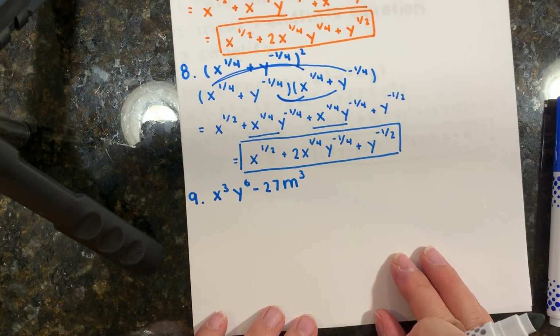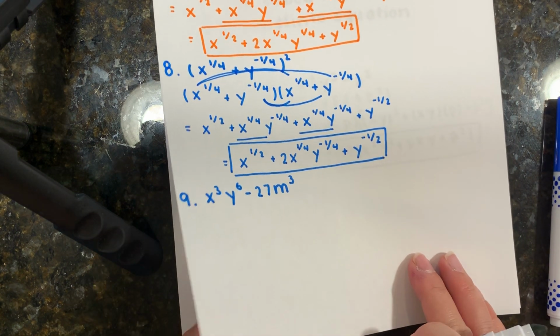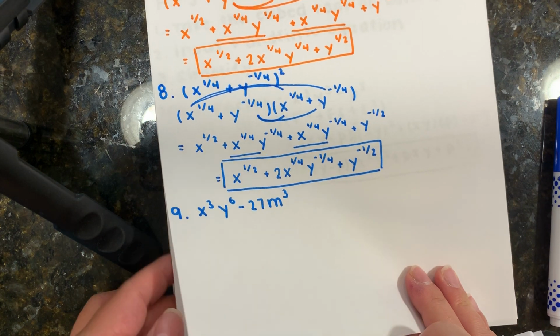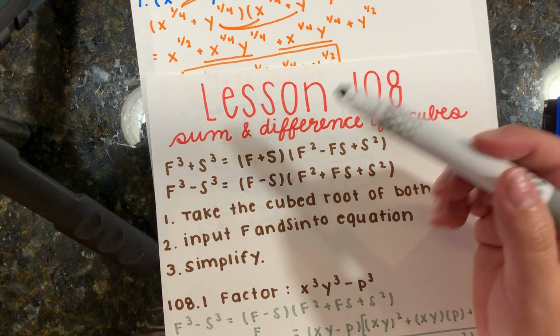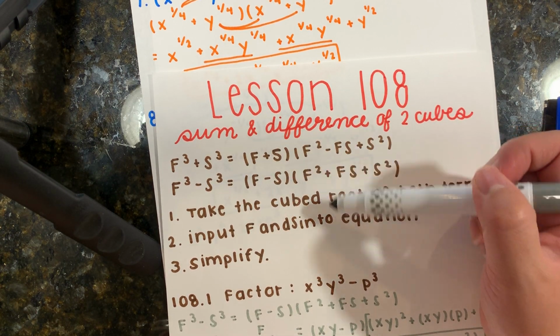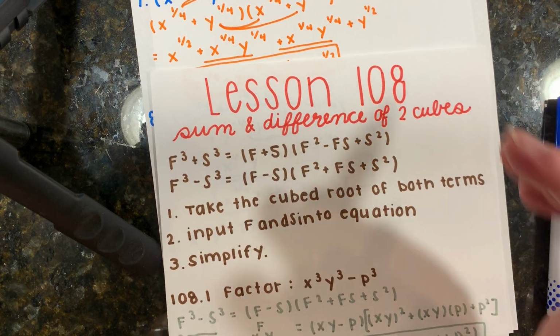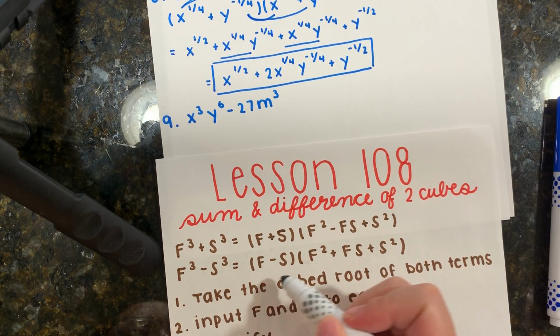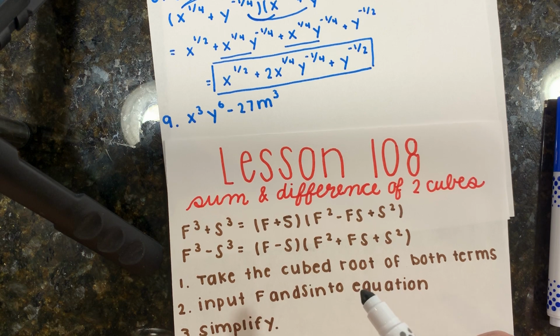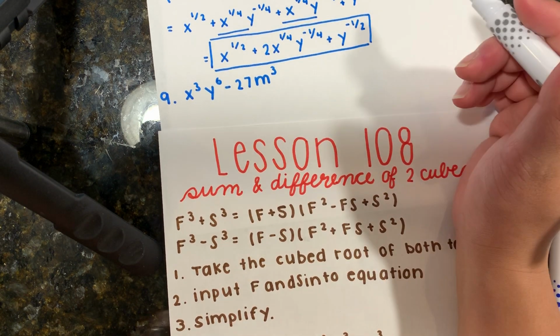Now for number 9, we have to refer back to our lesson 108, which has these two equations and then our steps that we're going to follow. So for the first one, we are going to use this equation here because it has a minus sign in between the terms.